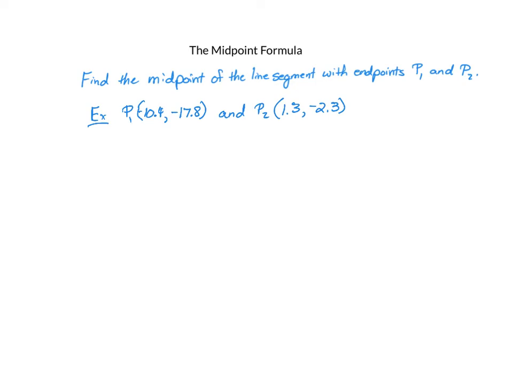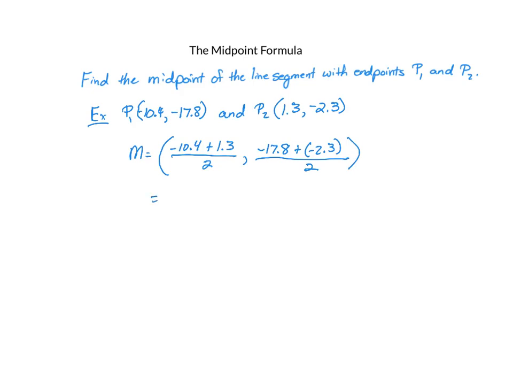I'm going to use my midpoint formula. We know the midpoint is the average of the x-coordinates and the average of the y-coordinates. So that means we're going to add negative 10.4 and 1.3, and we'll divide by 2. We'll add negative 17.8 and negative 2.3, and we'll divide by 2.